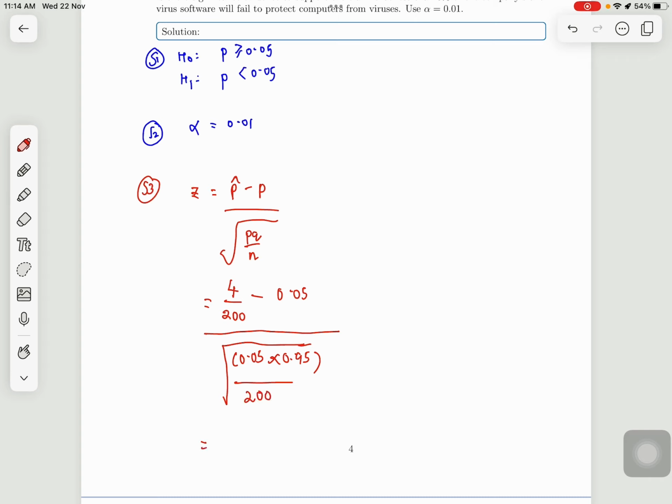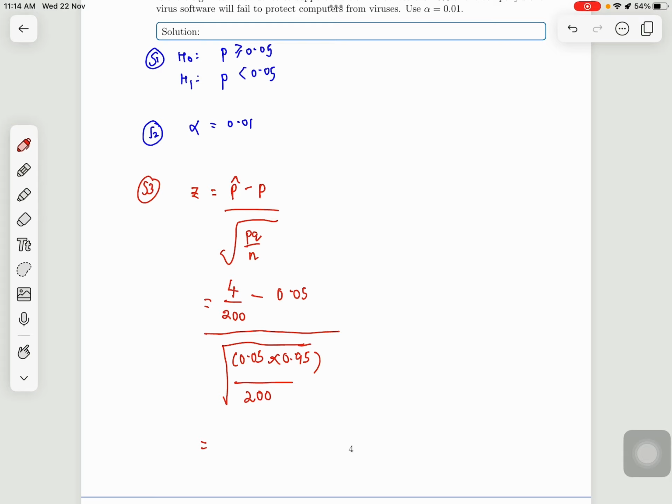Let's calculate together. 4 divided by 200, minus 0.05, divided by the square root of 0.05 times 0.95 over 200.